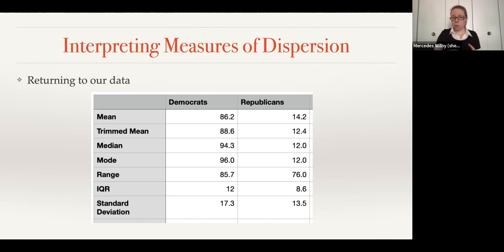So sometimes it's more helpful to look at the range and the interquartile range. Now, the range is, depending on how you calculate it, not very sensitive to outliers. The range, however, can just be calculated using the maximum score minus the minimum score.